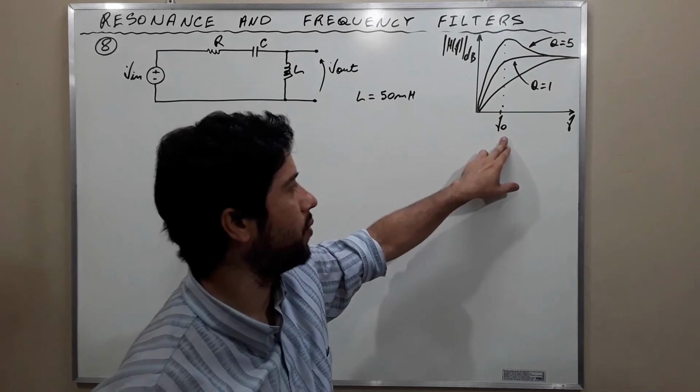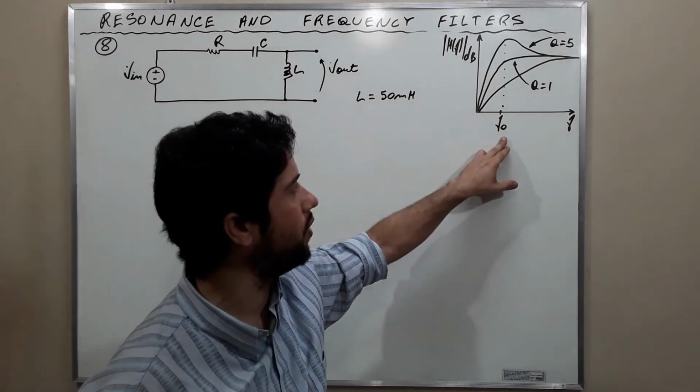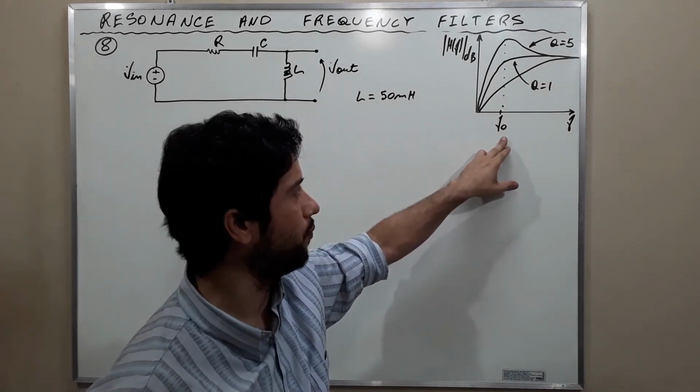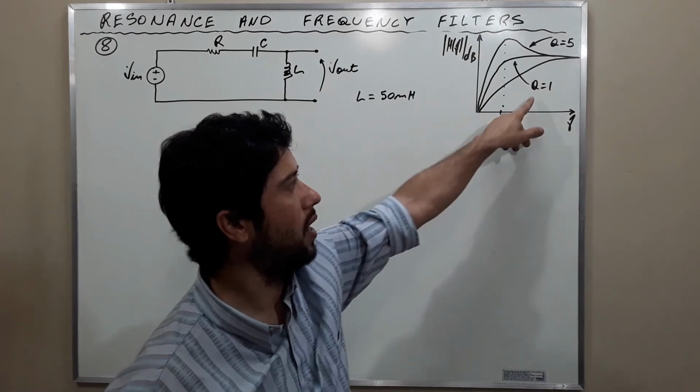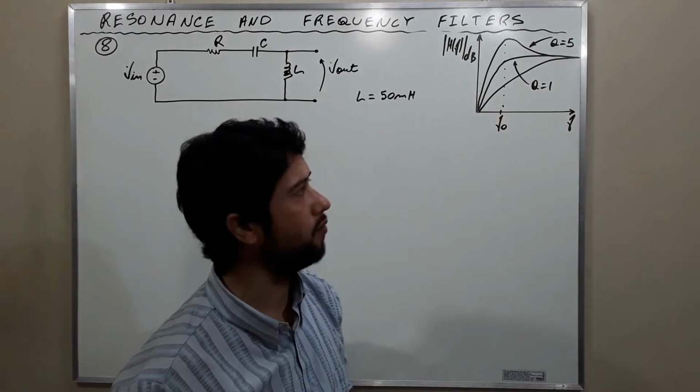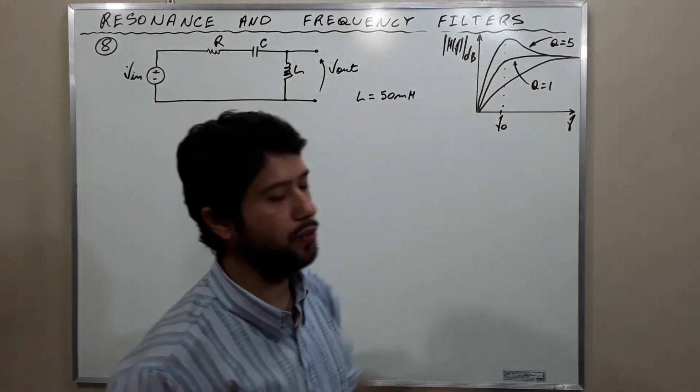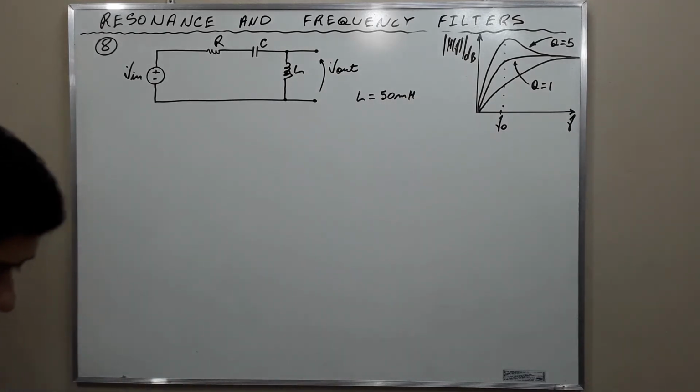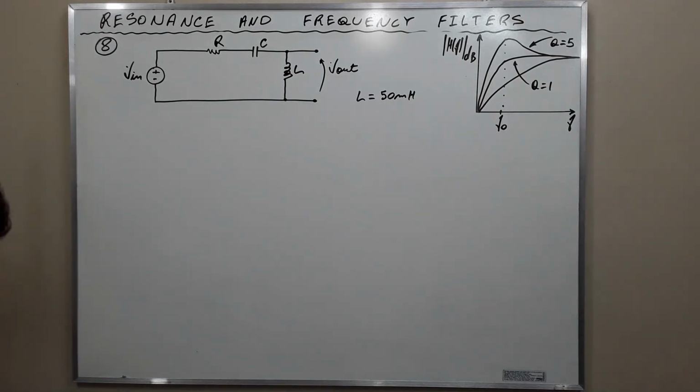The corner frequency or the resonant frequency is this. The higher the value of the quality factor, larger will be the peak at the corner frequency.